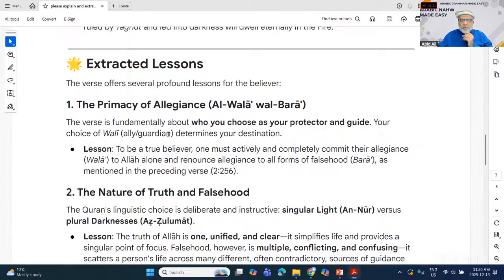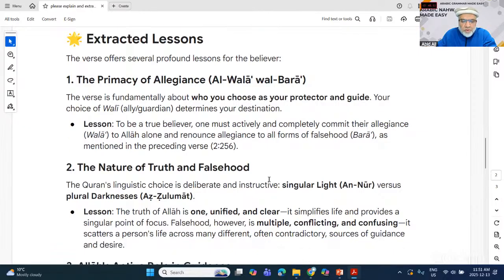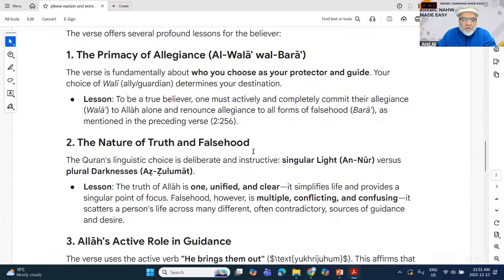Who are you taking as your wali, your ally, your guardian? Lesson: to be a true believer, one must actively and completely commit their allegiance, wala, to Allah alone, and renounce allegiance to all forms of falsehood, bara, as mentioned in the previous verse. The nature of the truth and falsehood.